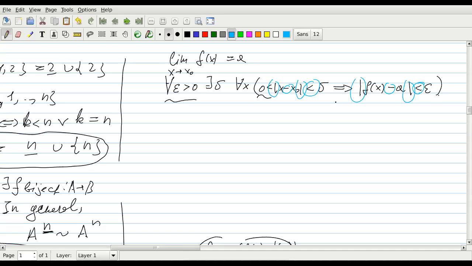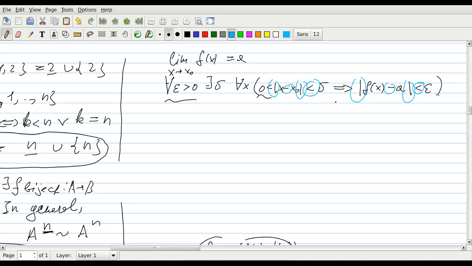То есть я свел туманное понятие «стремиться» просто к утверждению про неравенство. Никто никуда не стремится, нет никакой динамики, никто никуда не движется, а просто для любого эпсилон существует дельта.